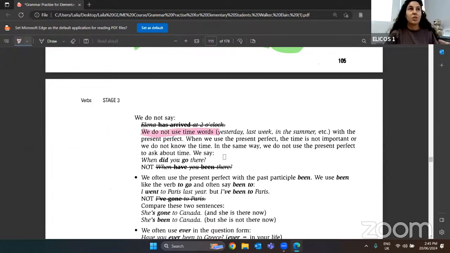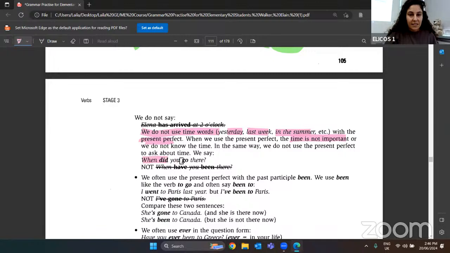Remember, time words or time expressions or phrases are like yesterday, last week, in the summer, on Monday. We don't use that with the present perfect. When we use the present perfect, the time is not important, or we do not know the time.